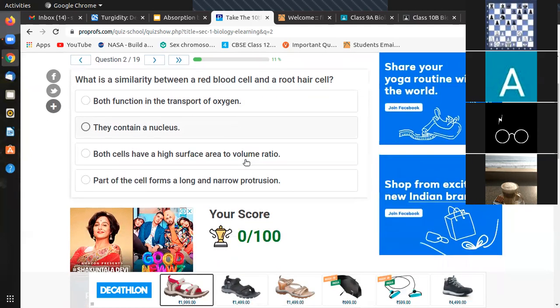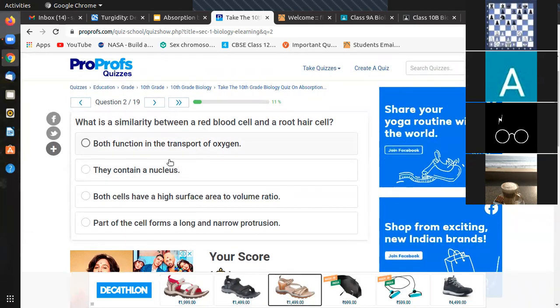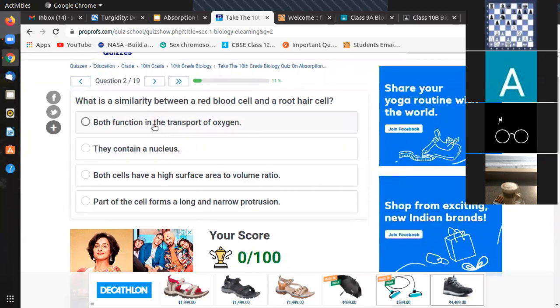Okay, I guess we can even check. What is the similarity between a red blood cell and a root hair cell? Both function in the transport of oxygen. They contain a nucleus. Obviously, RBCs don't have a nucleus, so that option is gone.